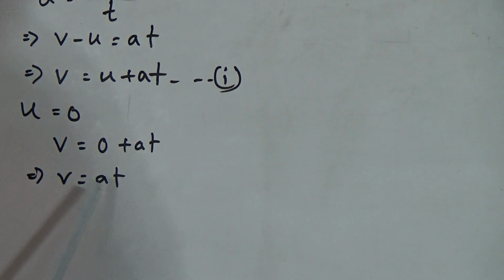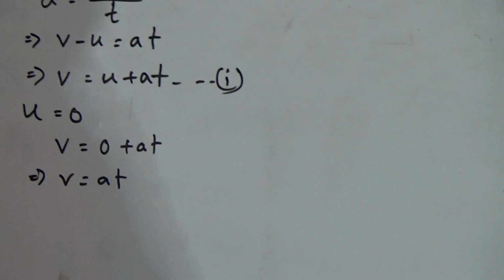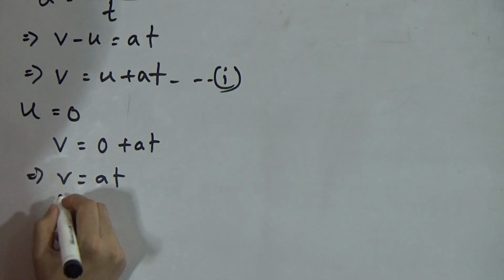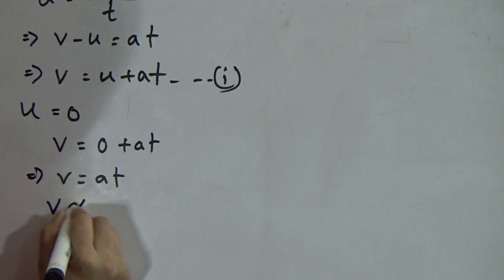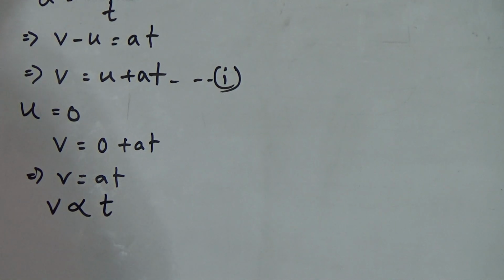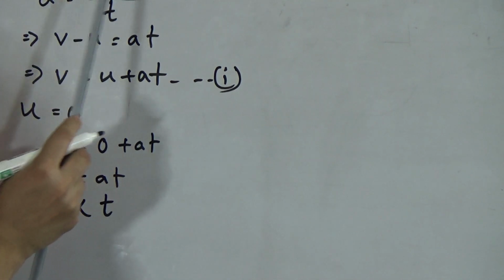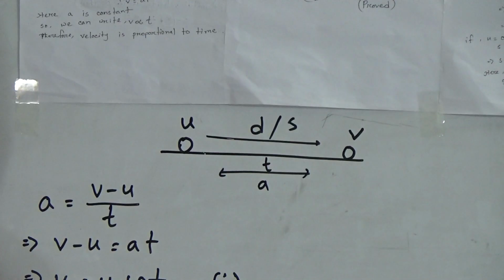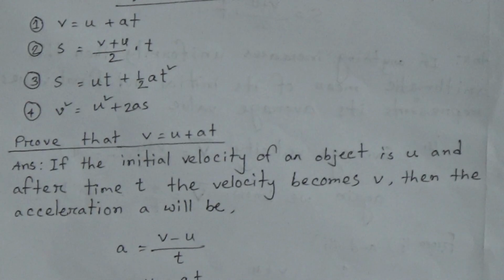If we drop the constant, then we can write the proportional sign, so v is proportional to t. Therefore velocity is proportional to time. My dear students, I have proved this first equation, v equals u plus at.